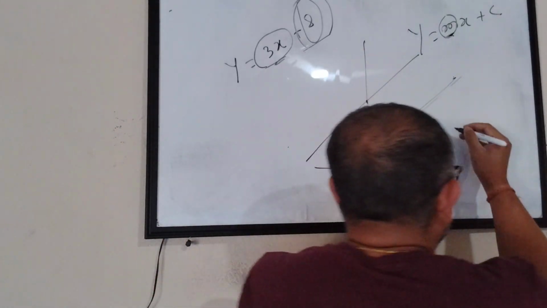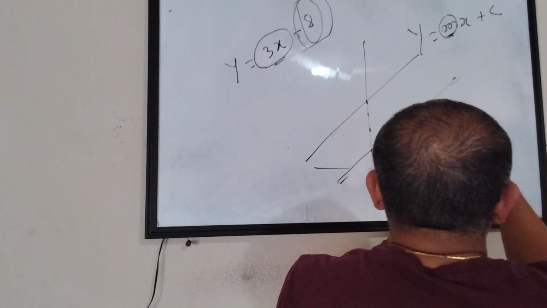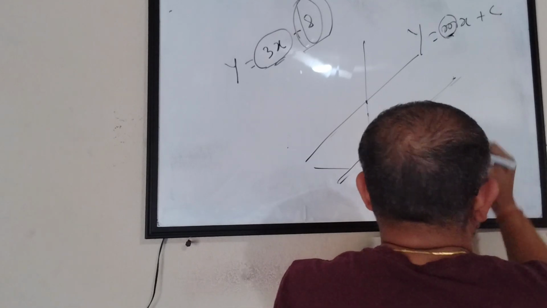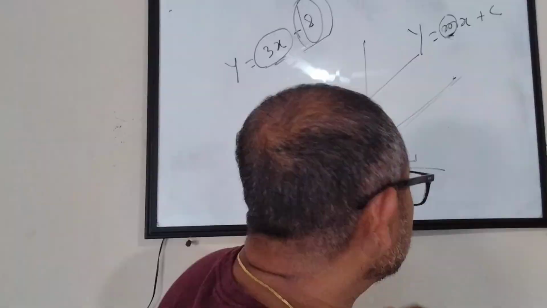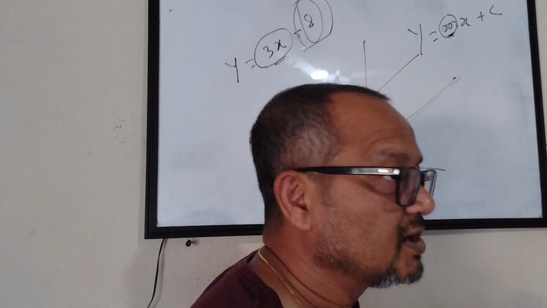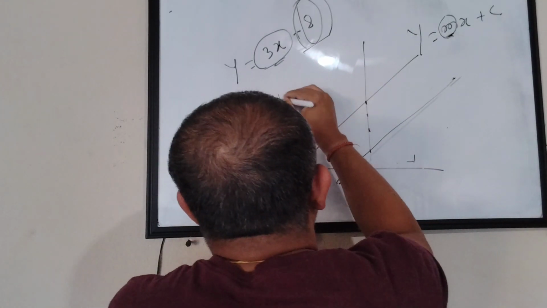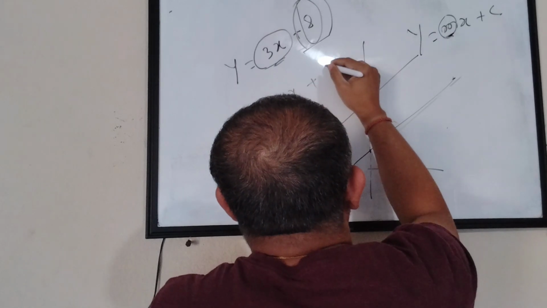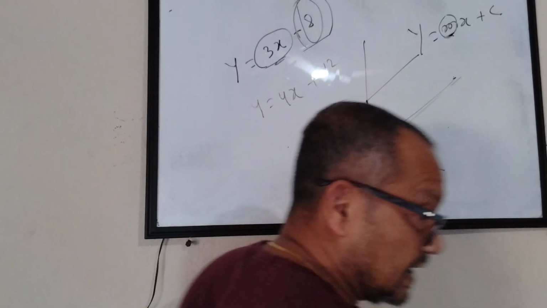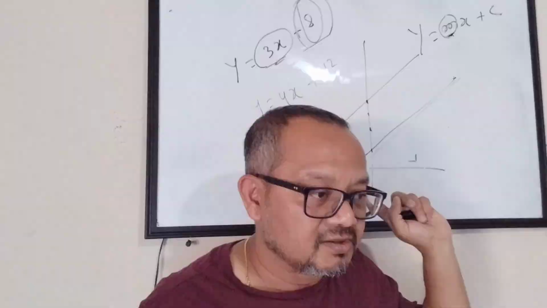If anybody would have told me that an example of a parallel line or a system of inconsistent equations for this one will be y equals 4x plus 12, that would have gotten me concerned.